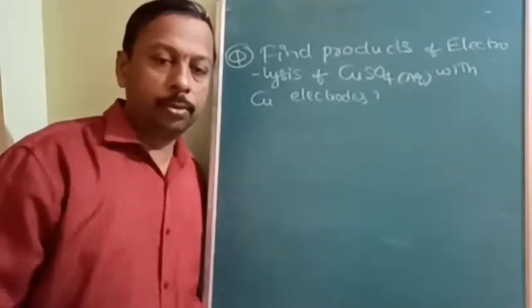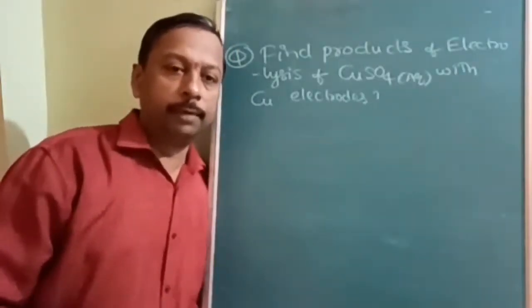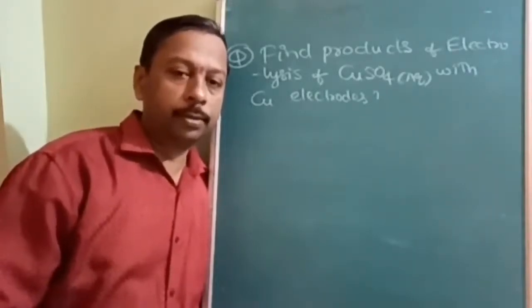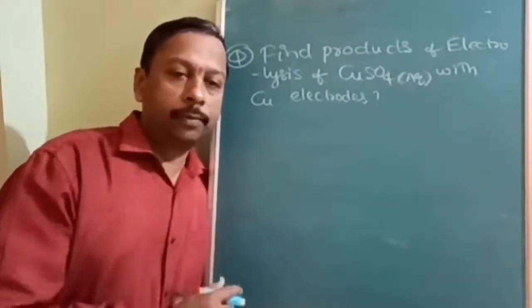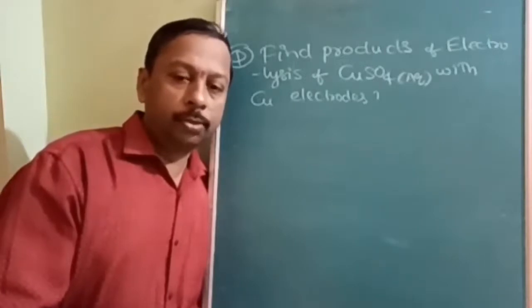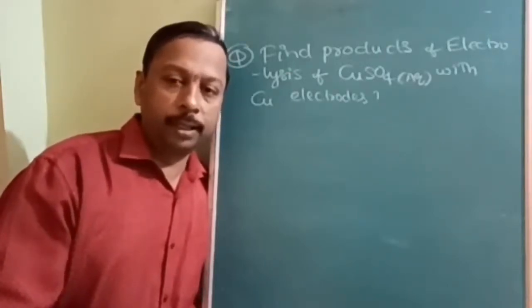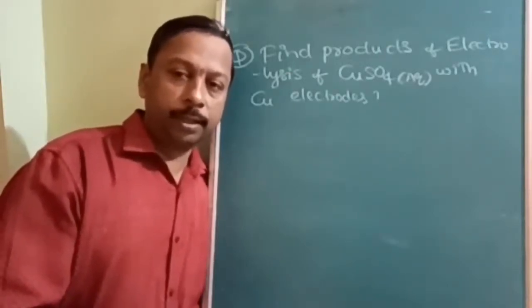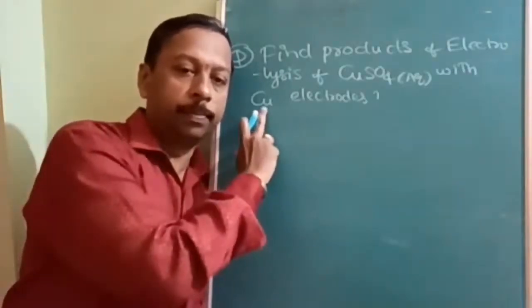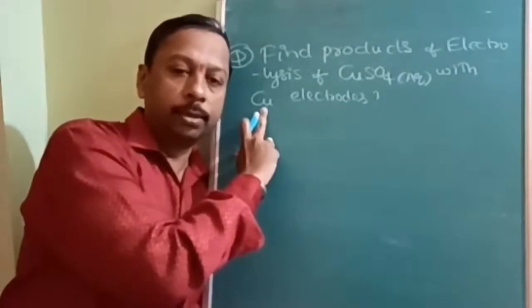As I told you, we have done only simple level 1 questions along with the theory in the previous session. There are some different types of questions, like here. As of now, we have dealt with inert electrodes, where the electrodes do not participate in the reaction. But now, in this question, the electrodes are also made of copper, so copper is also reactive.